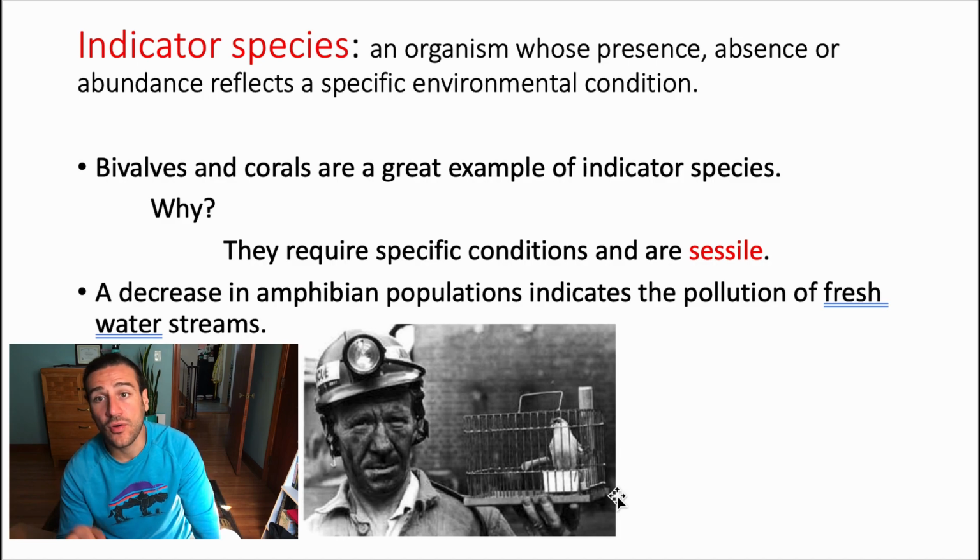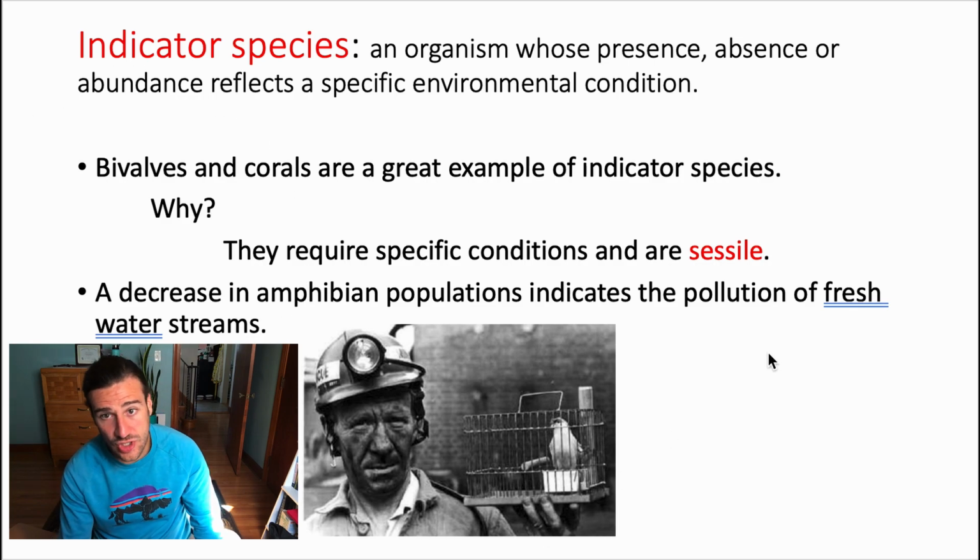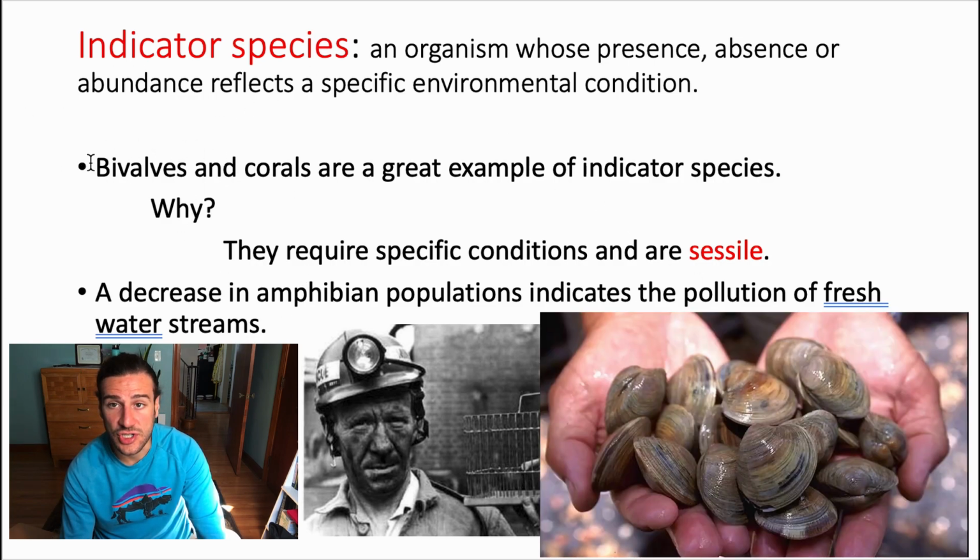They probably made their way through layers of rock that release some type of gas, usually methane. That methane would kill the canary, which has a more sensitive body chemistry than ours because they are smaller, right? So less of these gases can be more deleterious. So they would die, and they would indicate to the workers that there was some toxic gas, so they would have to leave, right?